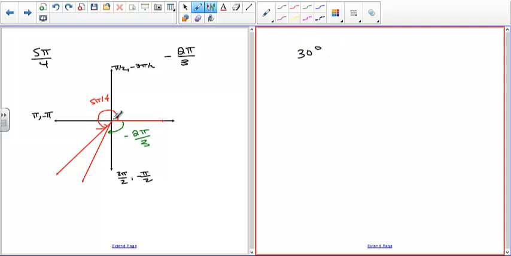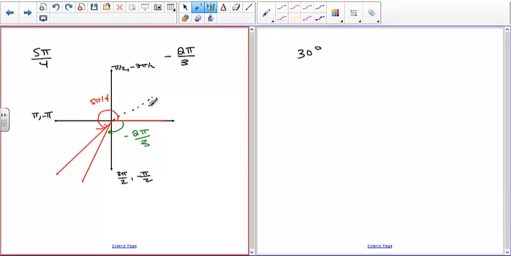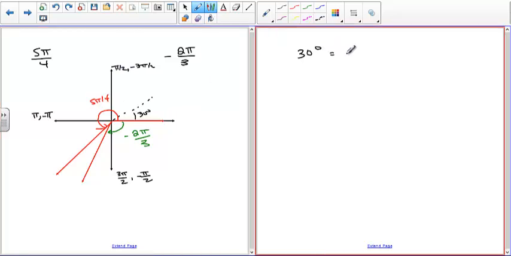Now, if you think about it, here's 30 degrees over here. So it's got to be somewhere between 1/2 pi and 0 pi. So the best thing to do is you use the conversion from degrees to radians. So you got 30 degrees times, the conversion is pi divided by 180 degrees.